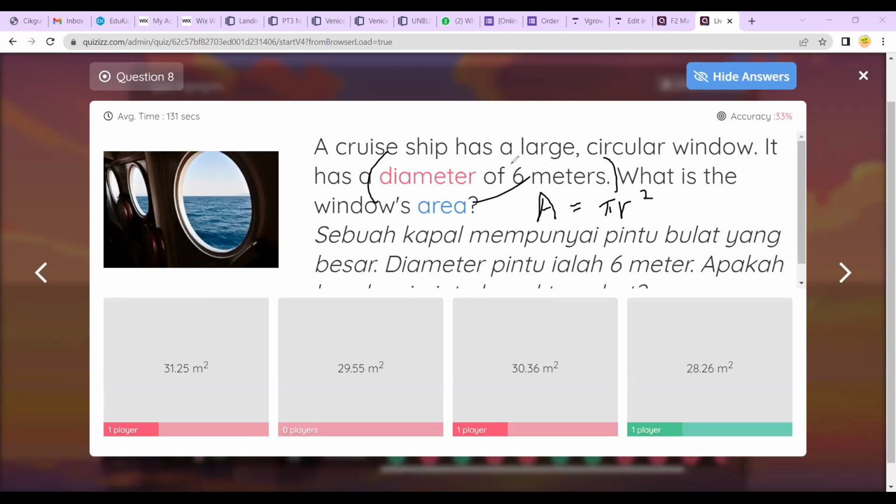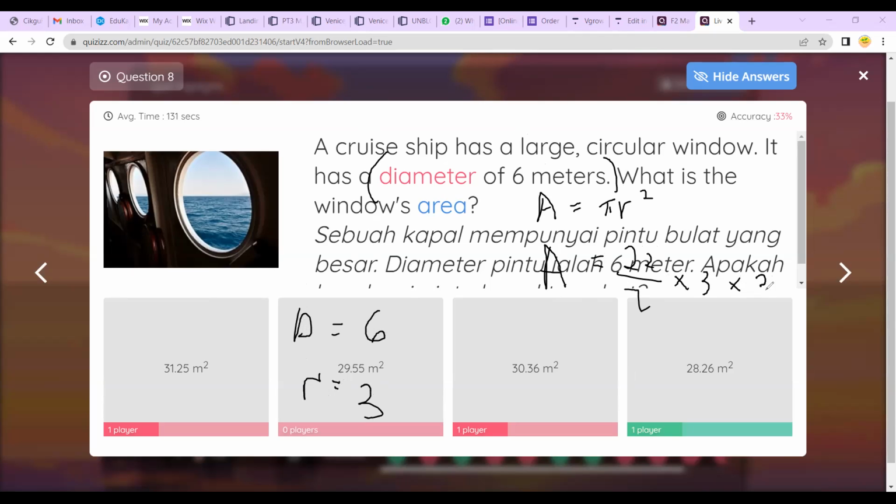So D equal to 6. How to find radius? Radius means half of diameter. Half of 6, so equal to 3. So substitute to find area equal to pi, 22/7 times 3 times 3.